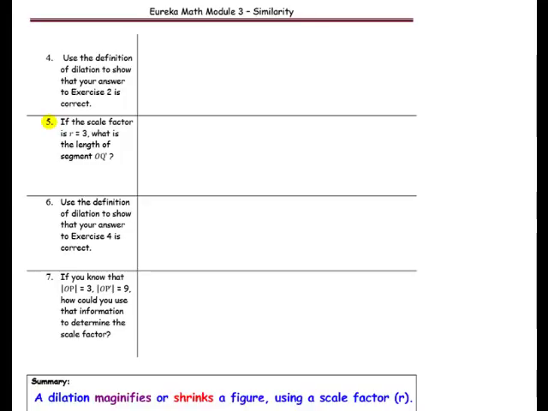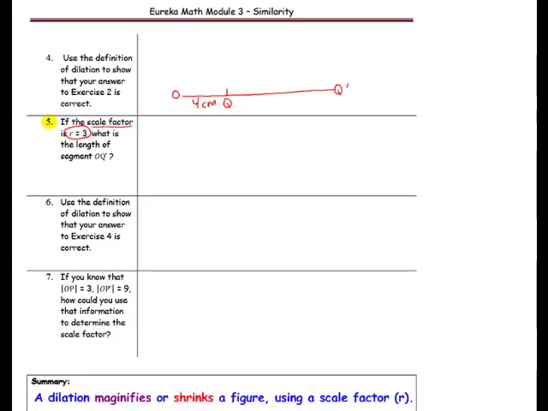Question 5. If the scale factor R equals 3, what is the length of segment OQ prime? Right, so let's just redraw our figure here. And we have O, and we have Q, and we have Q prime. And we know that this distance was 4 centimeters, and it says R equals 3.